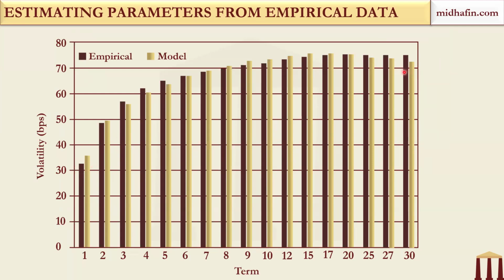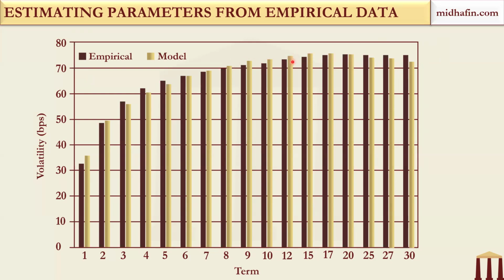And what you see here is how the Gauss plus model also replicates this quite closely, right? You can see this hump, right? This hump is over here, around these more than intermediate maturities, 15, 17, 20-year maturities.